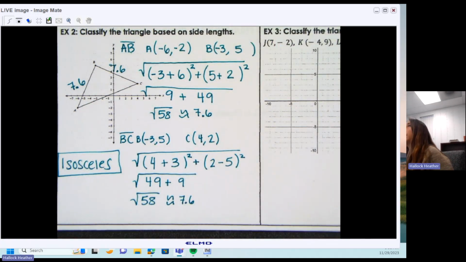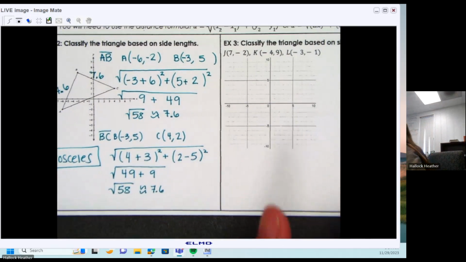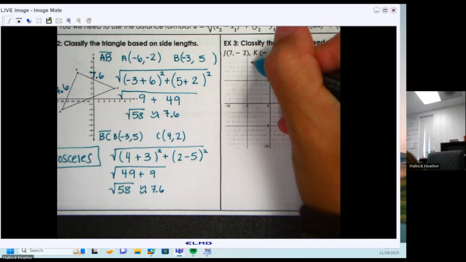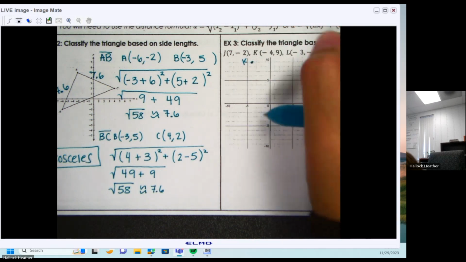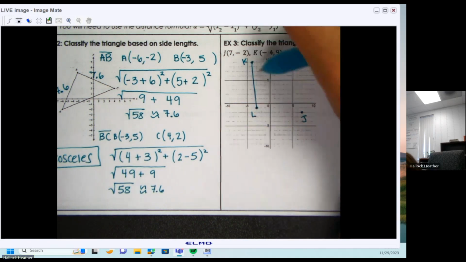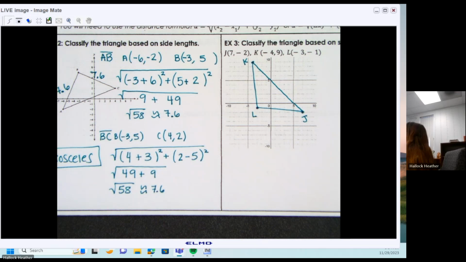Okay, so take a second, plot your points for example 3. Okay, so once you have your triangle, there's probably one side, because you have a picture of it, which is nice.